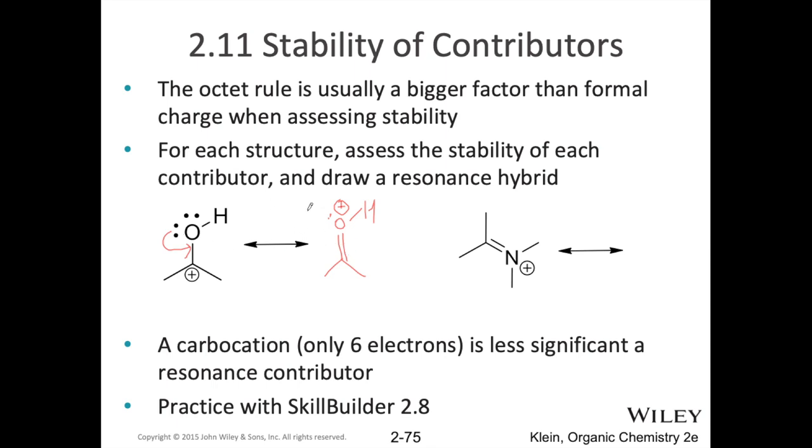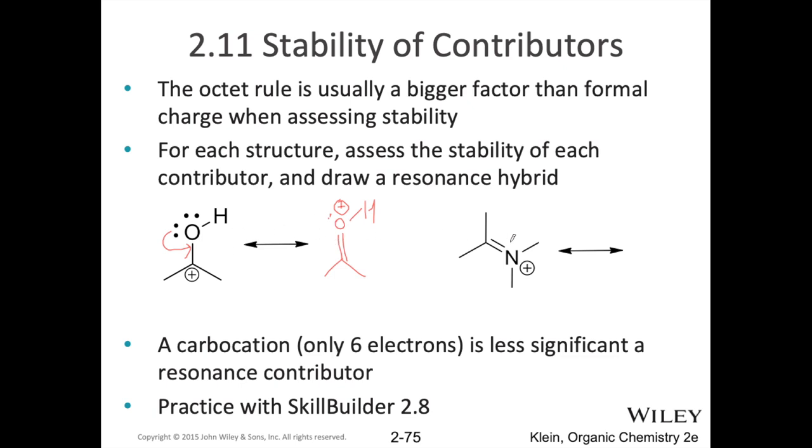Again, which of these is more stable? Both of these wind up with positive formal charges. The trade-off, though, is here we have a carbon that's going under the octet rule, so that's decreasing stability. Here, though, we have a positive formal charge on an oxygen, which is typically pretty electronegative. So that's the trade-off in stability for these two molecules.